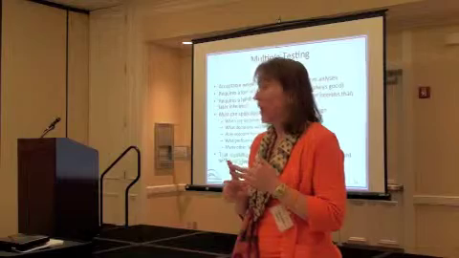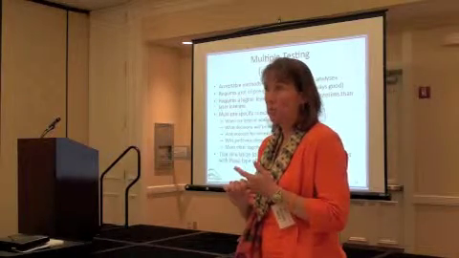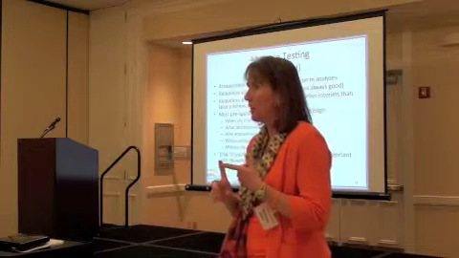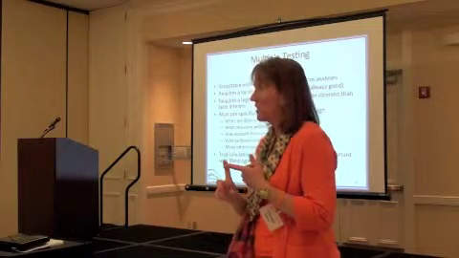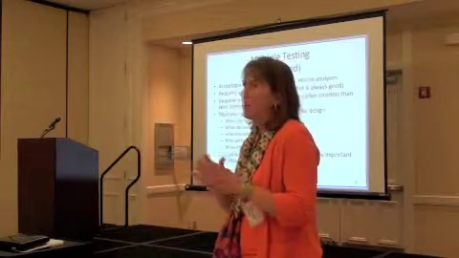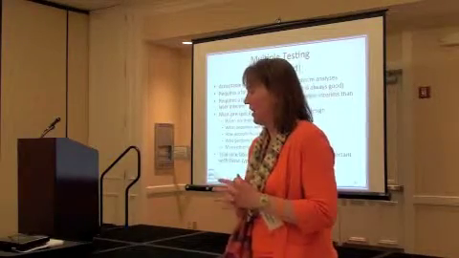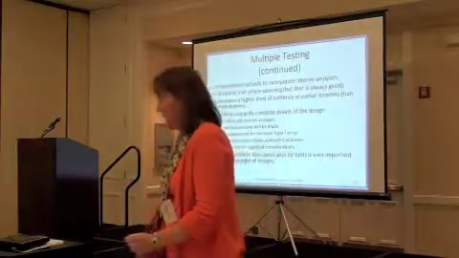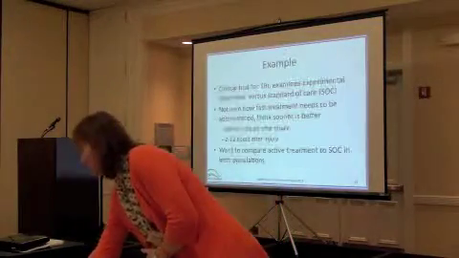You need to account for the type 1 error increase through the multiple tests, and that can be done in many ways. You need to think about who performs these unblinded analyses, because you don't want to unblind the clinicians of the study team. You've got to have someone separate. There are many other logistical considerations, but I just have to throw it in. And trial simulation is very important, and Kurt's going to talk about that later, so I don't need to.